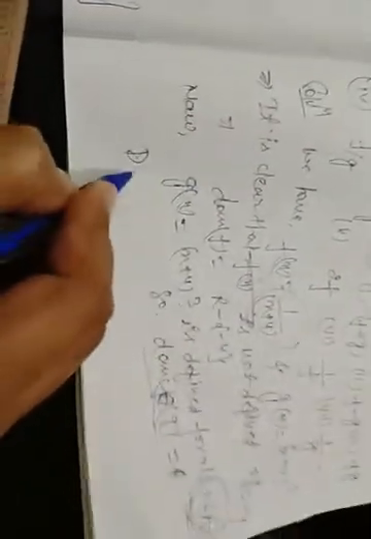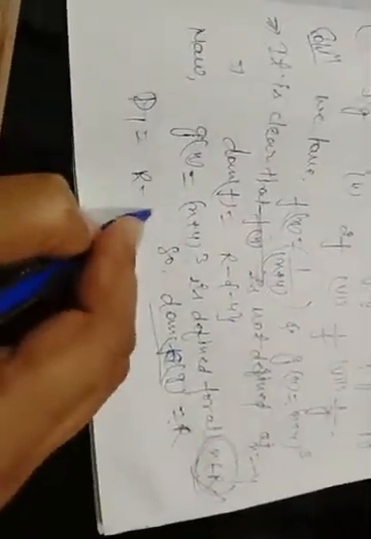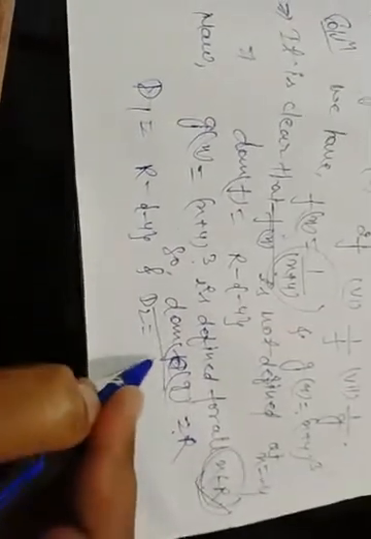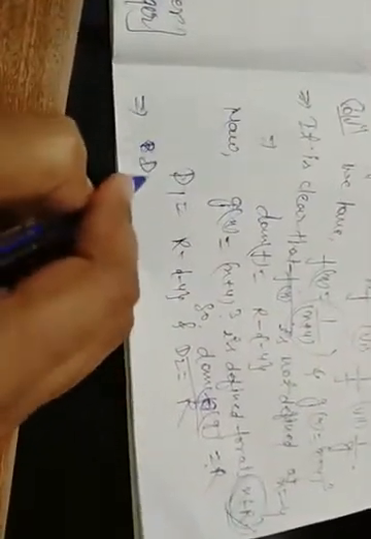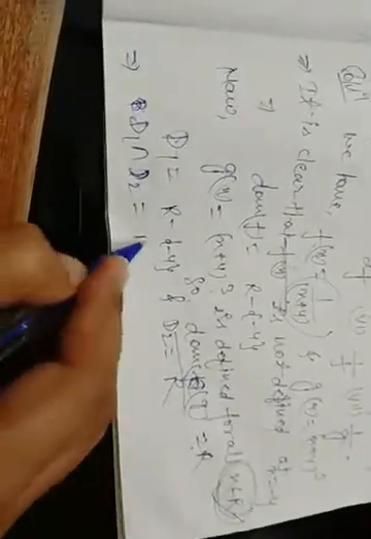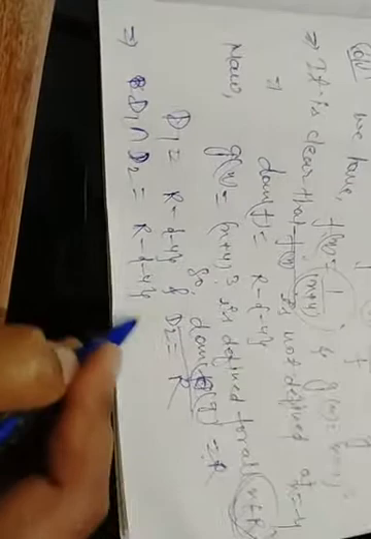So it is clear that the domain of function f, that is D1, is R minus 4, and domain D2 is equal to R. Now their common domain, D1 intersection D2, is R minus 4.